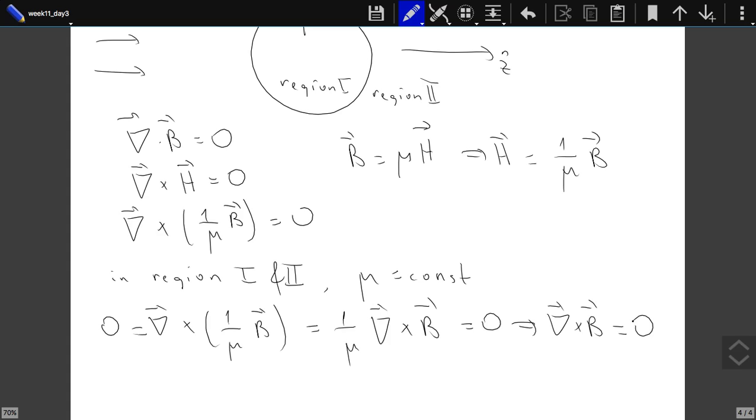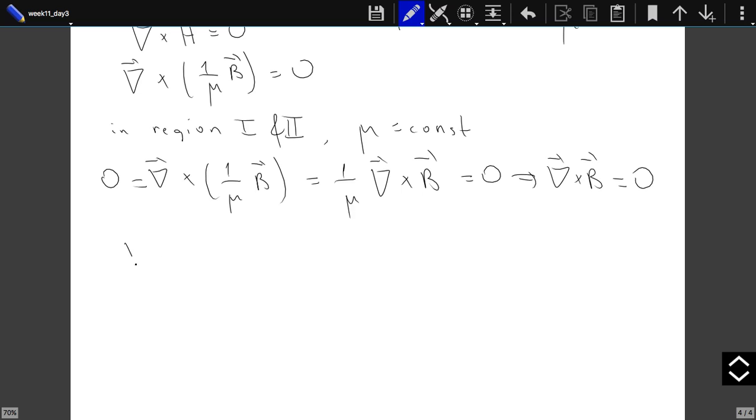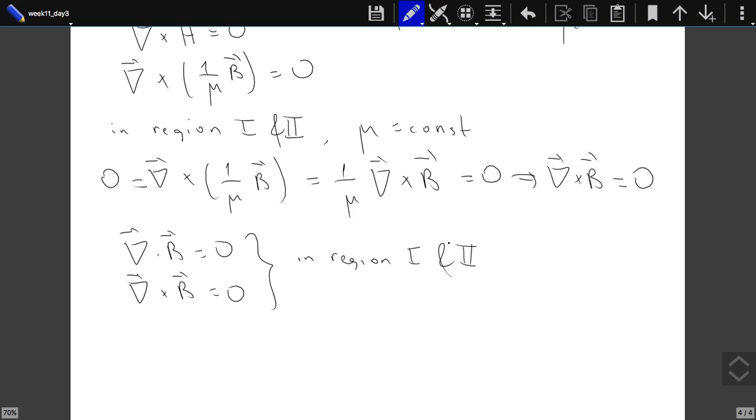Not on the boundary, but inside and outside, curl of B is 0. So divergence of B is equal to 0, and curl of B is equal to 0, separately. On the boundary, it will not be 0.